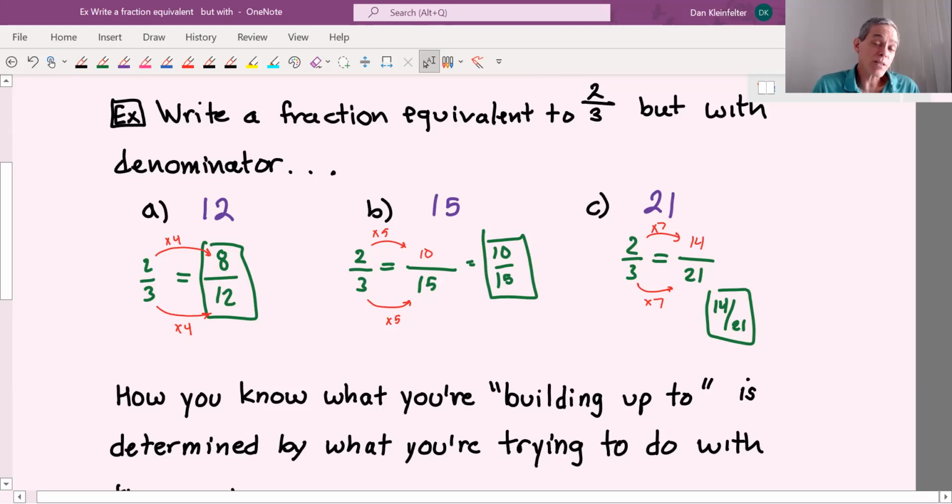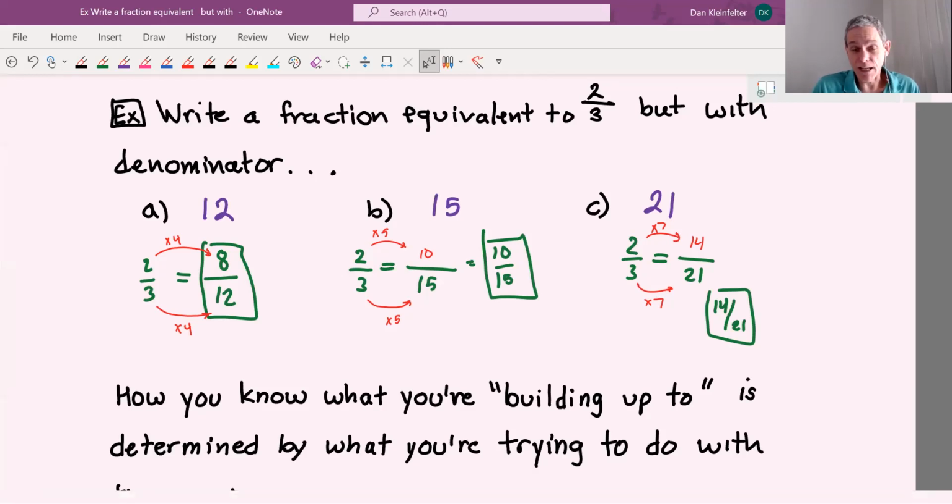As we saw when we were simplifying fractions, there was one answer, right? You simplify the fraction as much as you can, which you should, and you get one answer. Here, we are writing a fraction with 3 different denominators. So how do you know which one you should do? Well, at this stage, part of it is you're just told which one to do, like in this example we just did. Going forward, you're going to know based on a procedure you haven't necessarily learned yet.